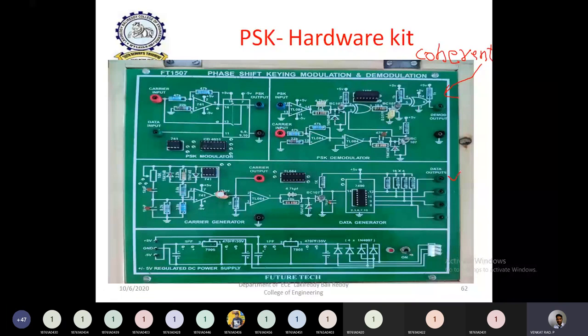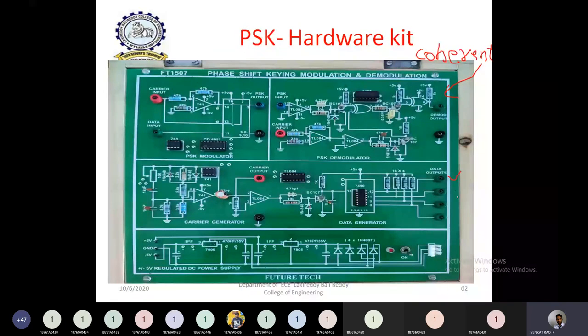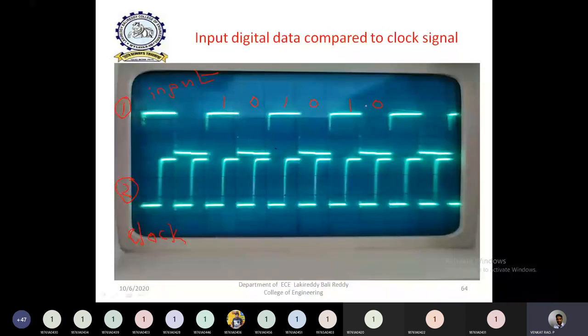For the first one, the corresponding bit sequence can be observed as 1010 and so on. But if you observe the second or third digital input, then this bit sequence may change, like 110110 or maybe 1101110. The sequence may be different.